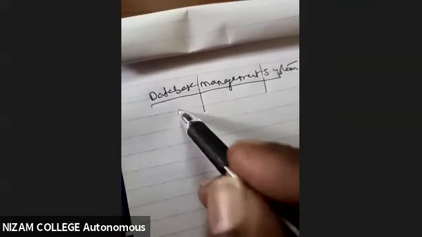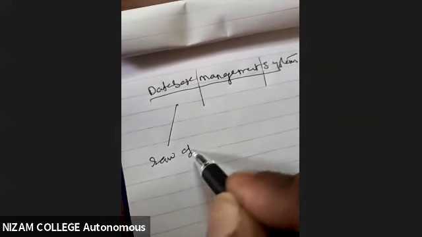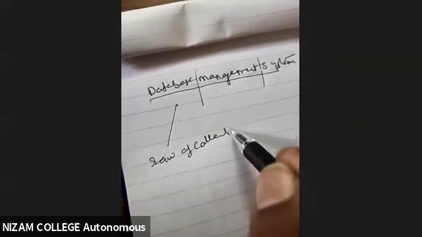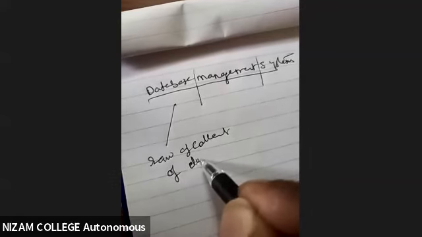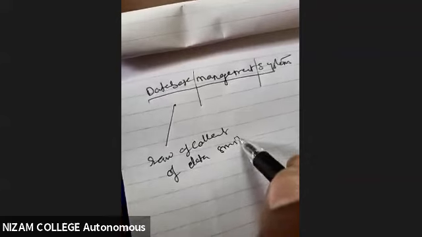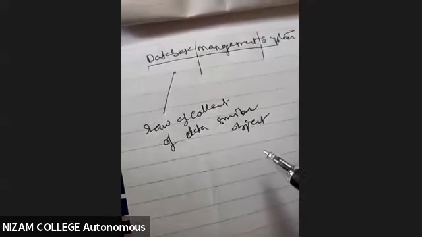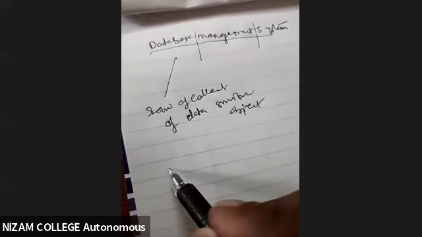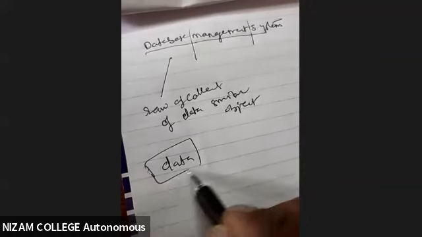So what is a database? A raw collection of data of similar objects. It is data which has been scattered, in the form of scatter.